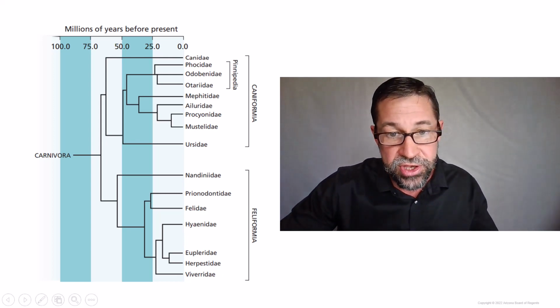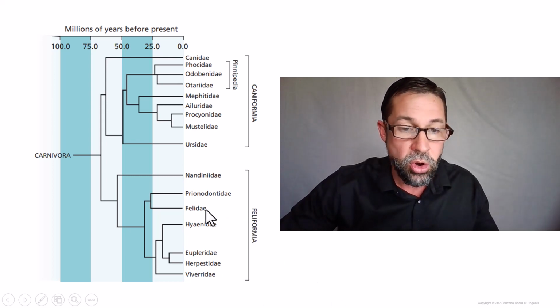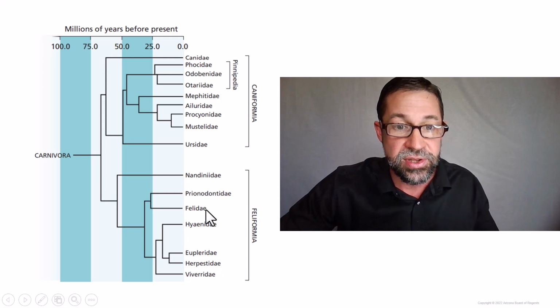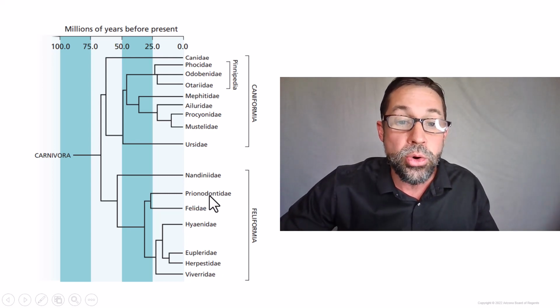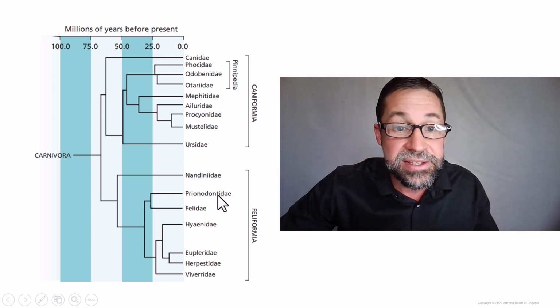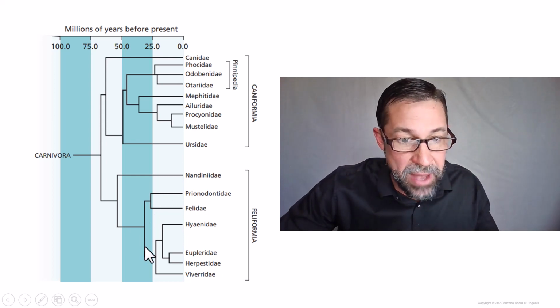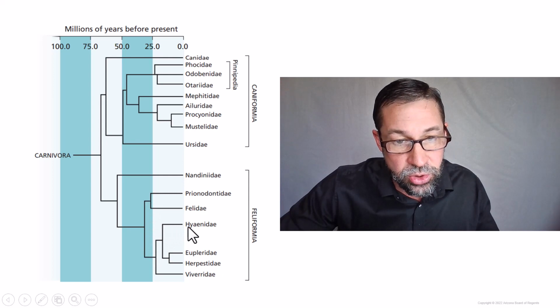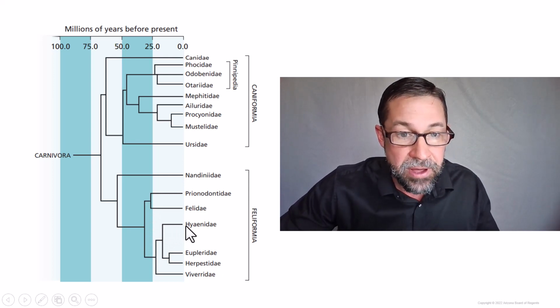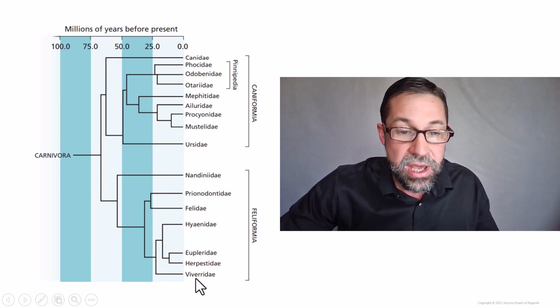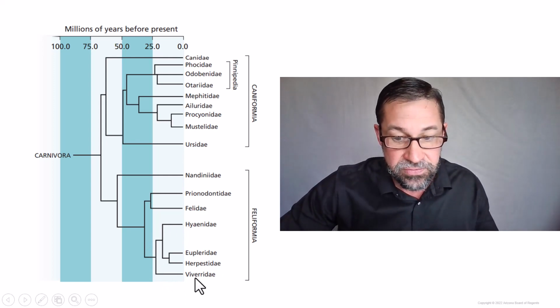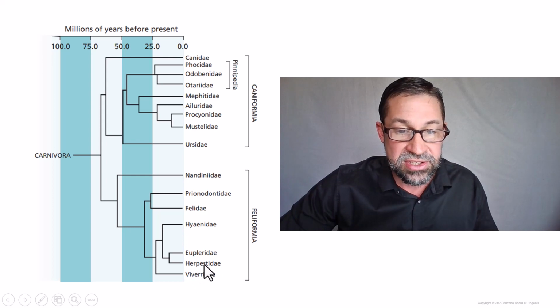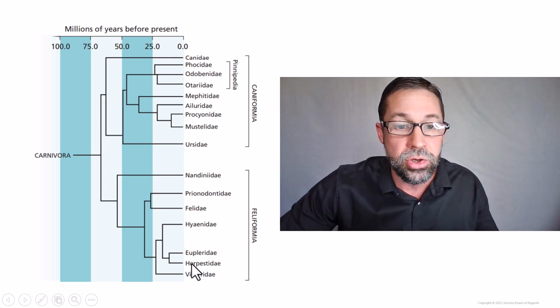So we'll start with the suborder Feliformia. That includes obviously the felids, the cats, and the closely related Prionodontidae, which are the linsangs. And then if we back it out, it's going to include the Hyenidae, the hyenas, the Viverridae, which are the civets, and then we've got the Herpestidae, which are the mongooses.